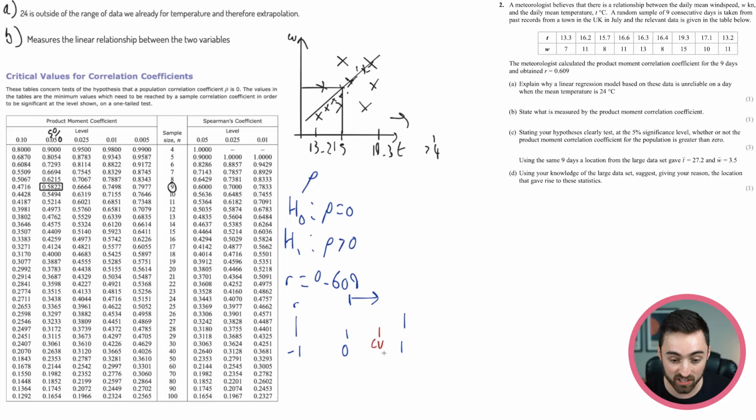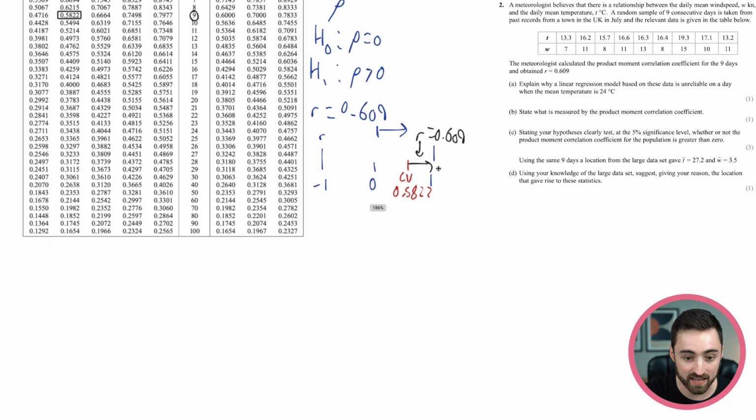So look, my critical value here is equal to 0.5822. But the value I got was 0.609. In other words, it's in the critical region, isn't it? It is past that critical value. So I will say that my value of r is inside the critical region.